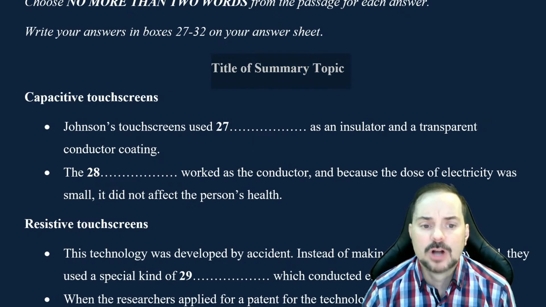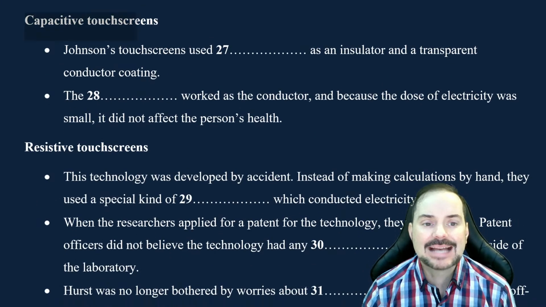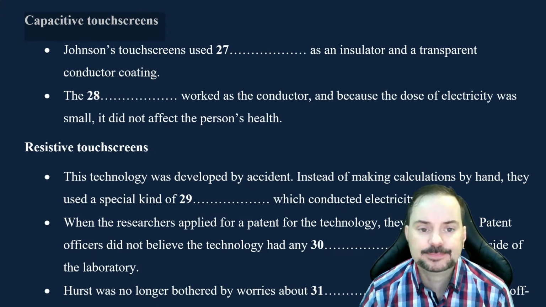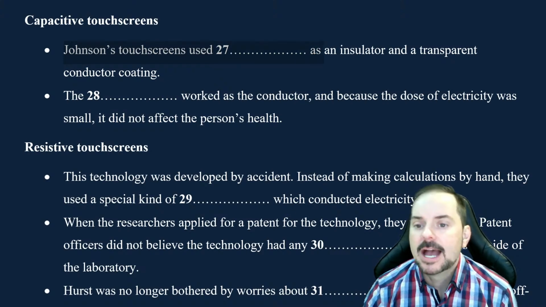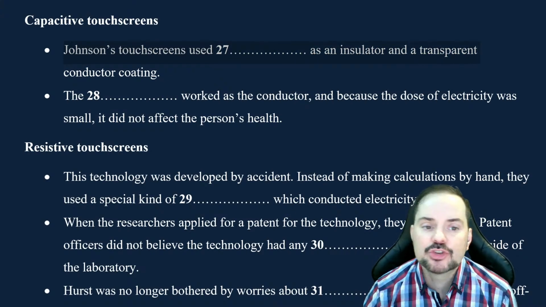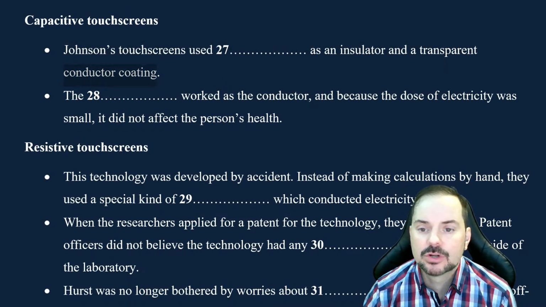Title of summary topic: capacitive touchscreens. Johnson's touchscreens used something as an insulator and a transparent conductor coating.